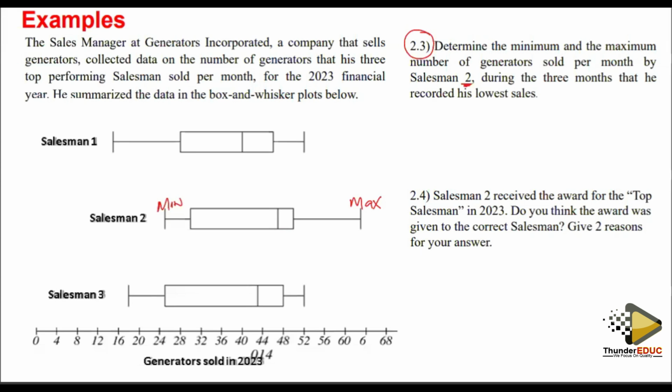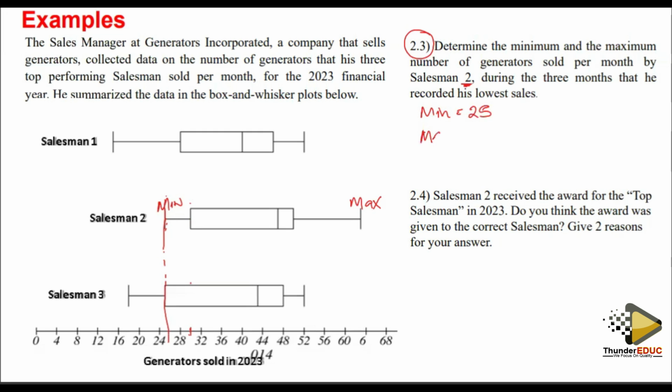For salesman 2, we anticipate the minimum could be 29, even 30 is fine. Minimum is this one here, probably 25.